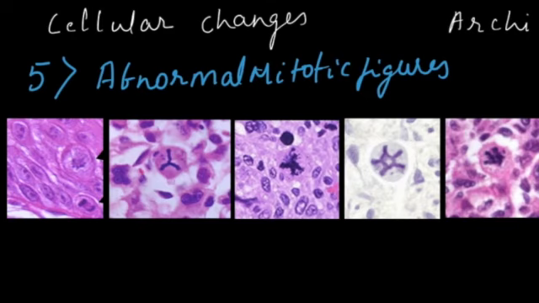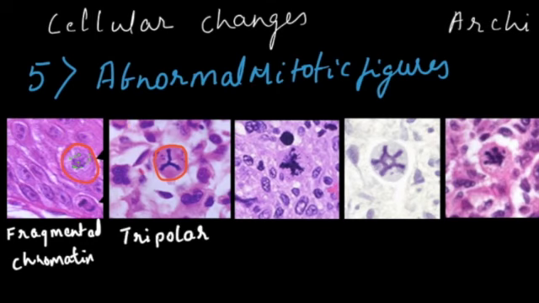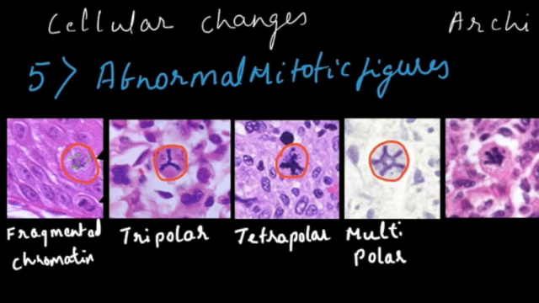I hope you can relate those drawings that we just learned to these real photomicrographs. Here is a cell with the fragmented chromatin material, and next is a cell with the tripolar chromatin, tetrapolar chromatin, and here with multiple arms multipolar chromatin, and here is a cell with a small bit separated called asymmetric fragmentation of chromatin.